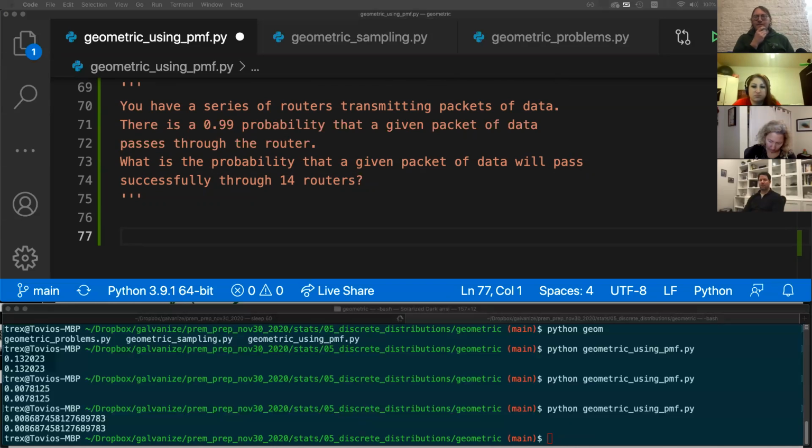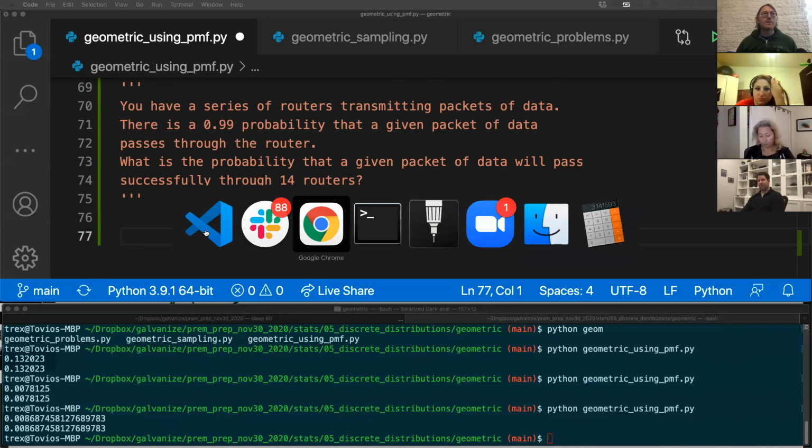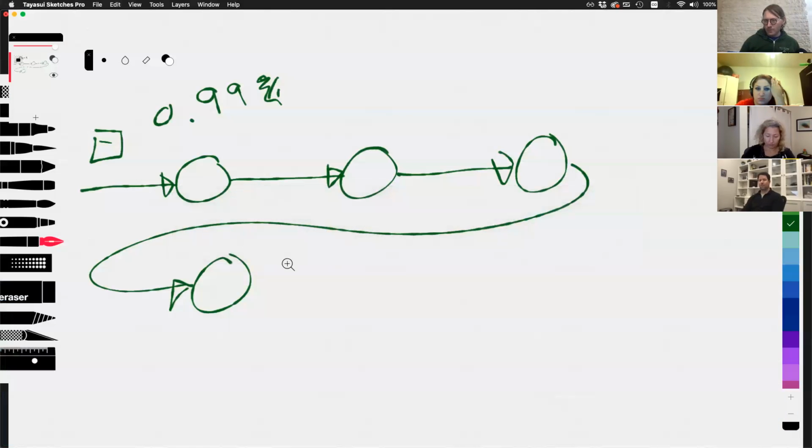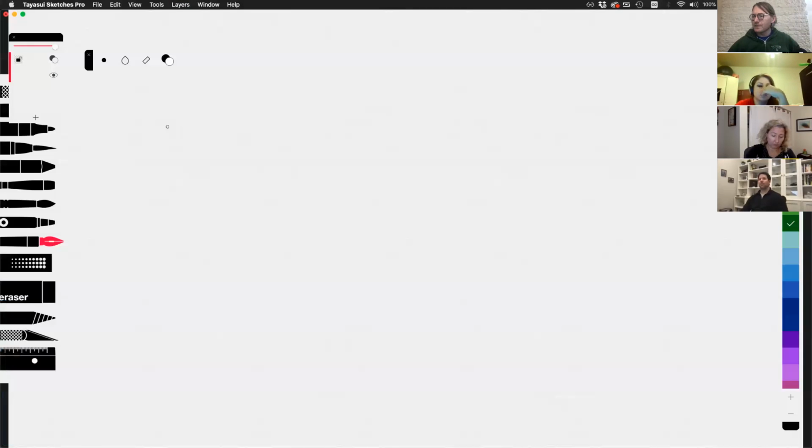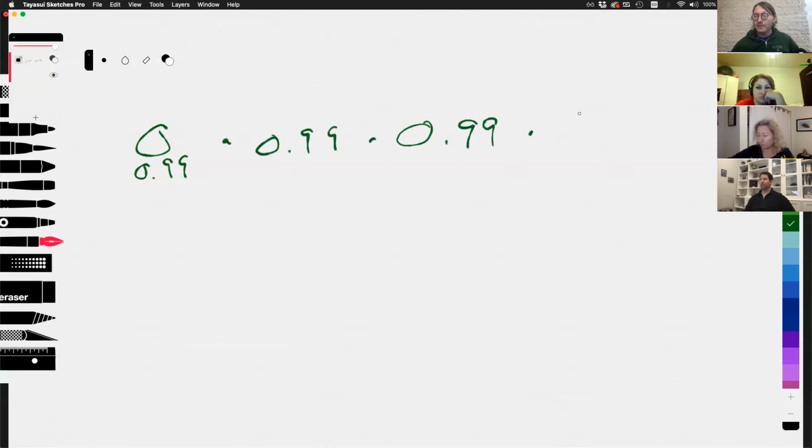Yeah, this is sort of tricky, right? It's tricky to conceive of this, and we want to initially think about this as we have a probability of success, right? 0.99, and we can multiply this by another probability, by another 0.99, by another 0.99, by another, right?